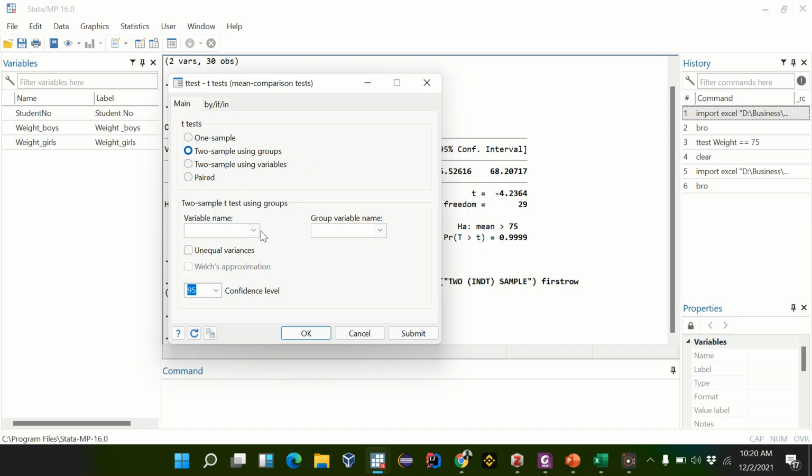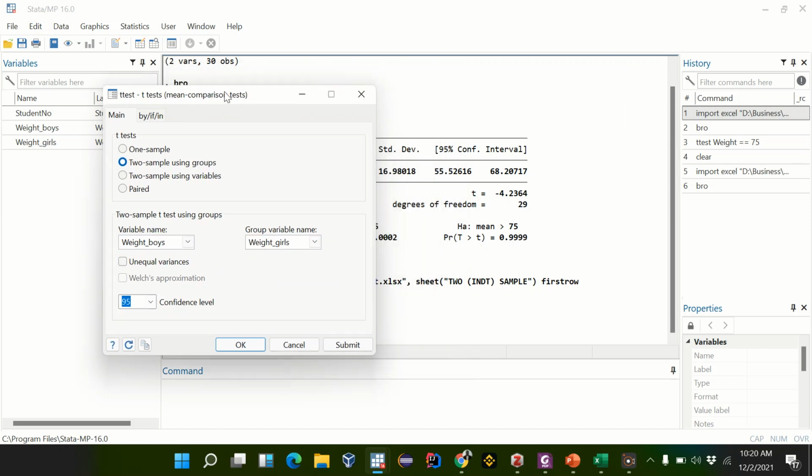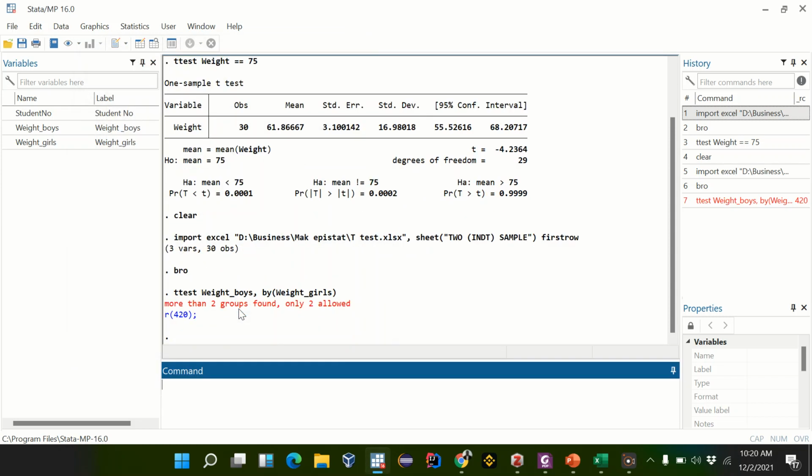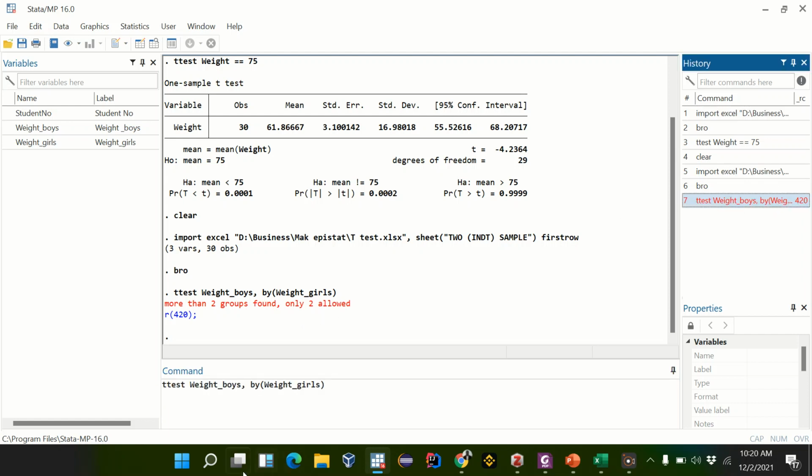So the variable name in one group is boys and another one is girls. Unequal variance, we don't know. Let's leave it empty. So let's say okay. More than two groups found. Only two allowed. What did I say? Oh, sorry.